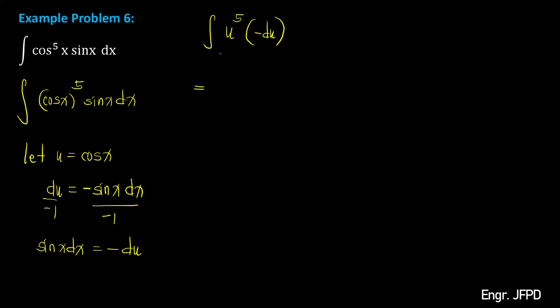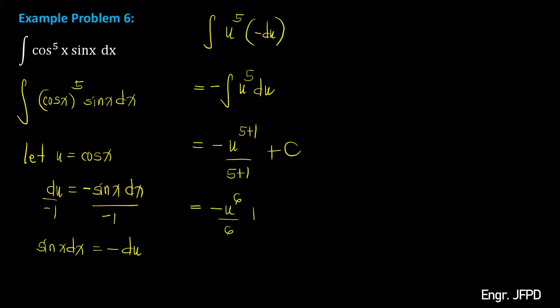Take note that we can factor out the constant, which is the negative 1, the integral of u raised to 5 du, and apply now the power formula, which is copy that negative 1 and u raised to 5 plus 1 over the 5 plus 1 plus c. Then this is now equal to the negative of u raised to 6 over 6 plus c. And take note, our u is the cosine of x, and this is now the negative of the cosine of x raised to 6 over 6 plus c.